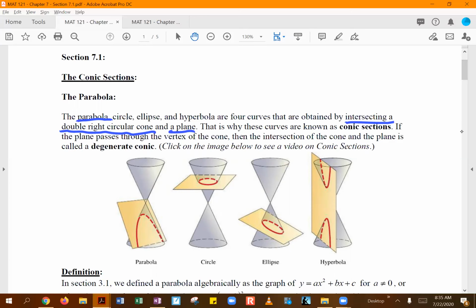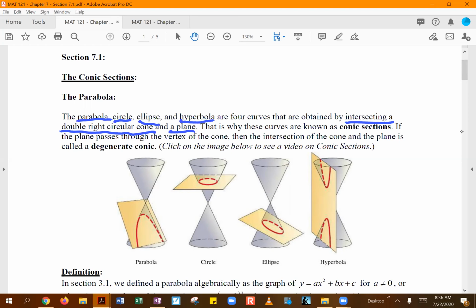You will create a circle if your plane is going to be intersecting basically horizontally, you can kind of think of at 180 degrees. If you change the angle of that plane just slightly, you will create an ellipse. And as you can see, when that plane is intersecting both the top and the bottom right circular cones, you create a hyperbola.